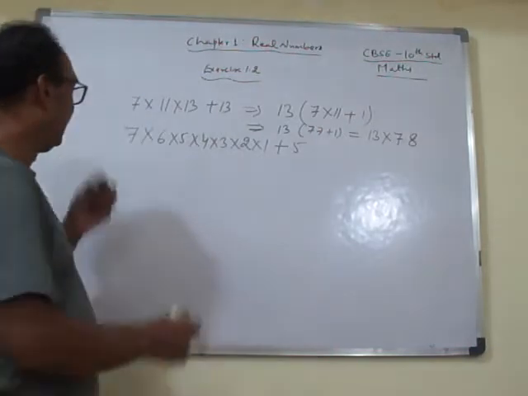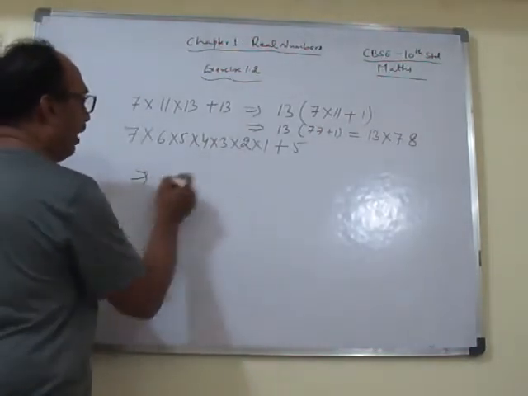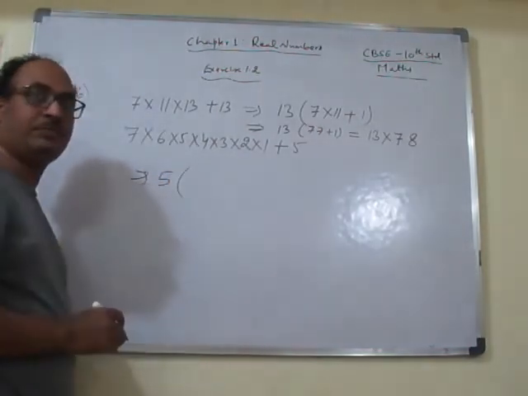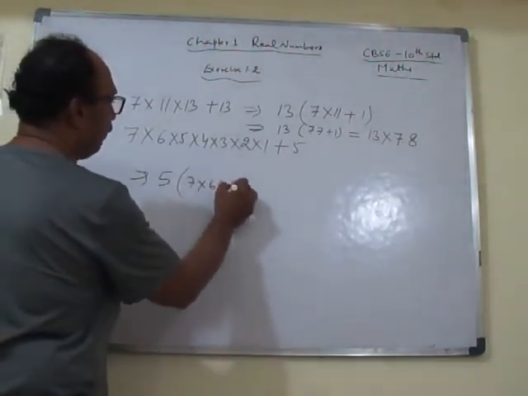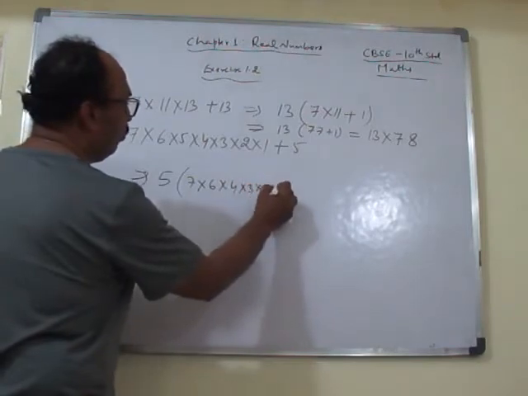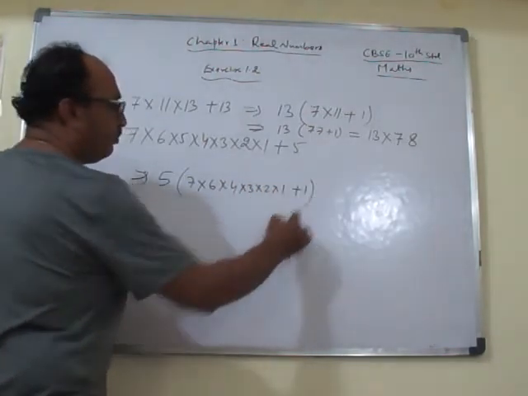Similarly here, if we take 5 common, then it will become 5 into 7 into 6 into 4 into 3 into 2 into 1 plus 1.